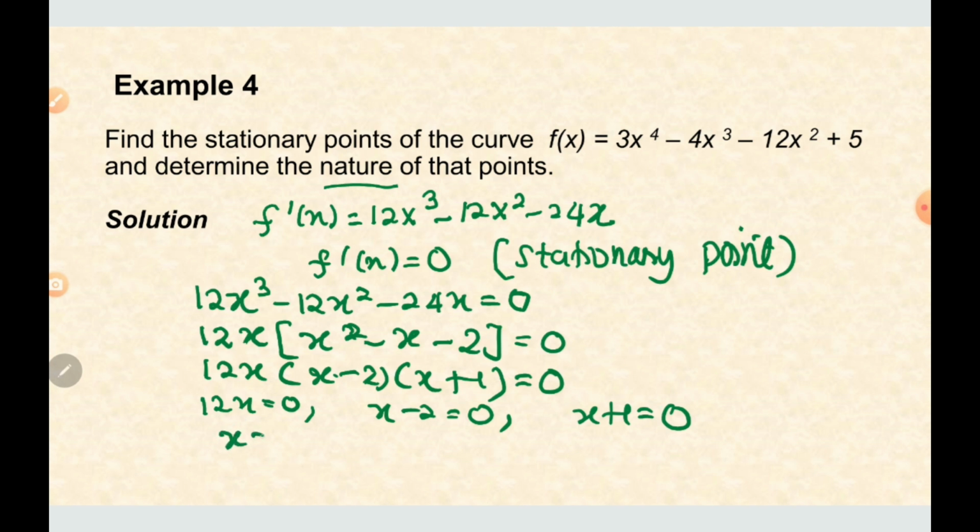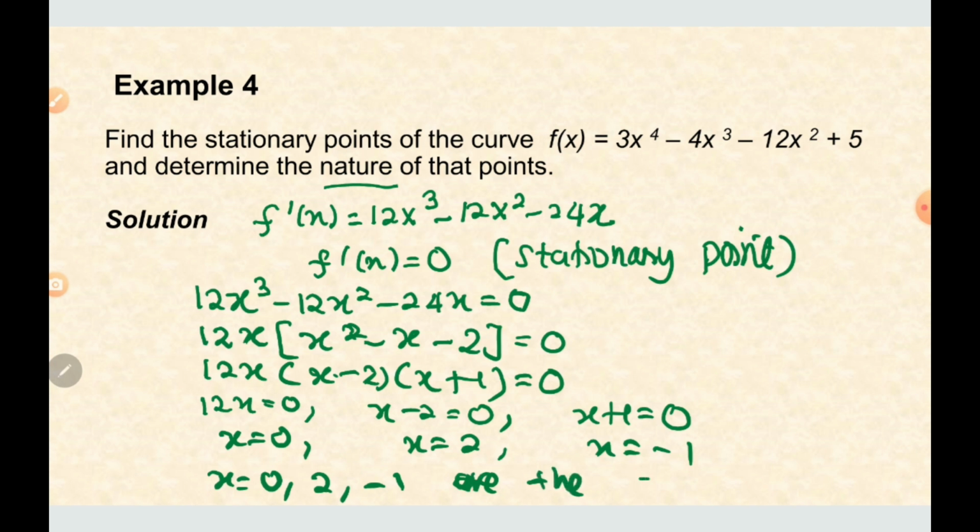Therefore we have x equals 0, x equals 2, and x equals negative 1. So these three values, that is x equals 0, 2 and negative 1, are called the stationary numbers.